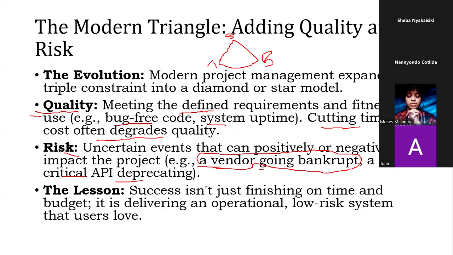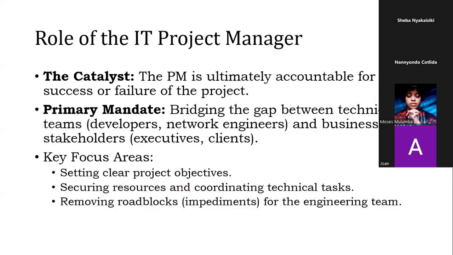So success is not about finishing on time and on budget, but about delivering an operational, low-risk system that users will adopt. Okay. So what is the role of the IT project manager, which is you? You are the accounting officer.